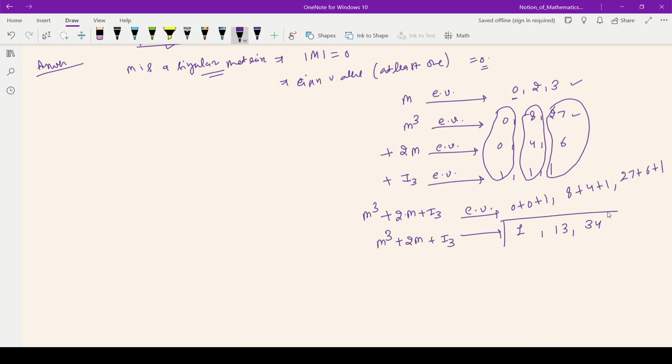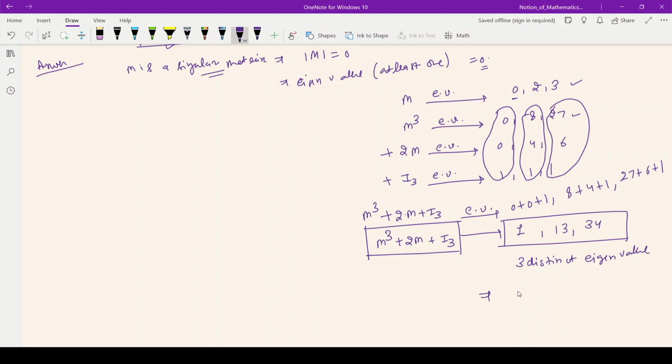Students, as you can observe here, this matrix M cube plus 2M plus I3 has 3 distinct eigenvalues. So what is the conclusion here?